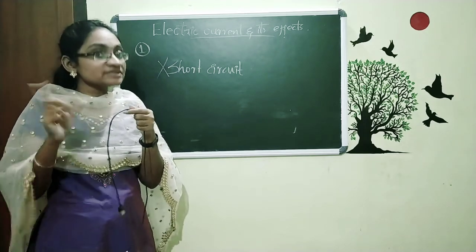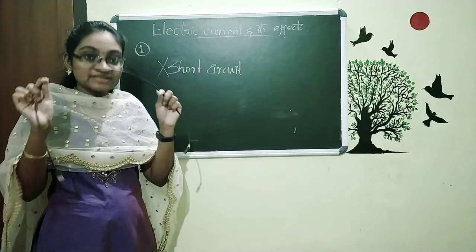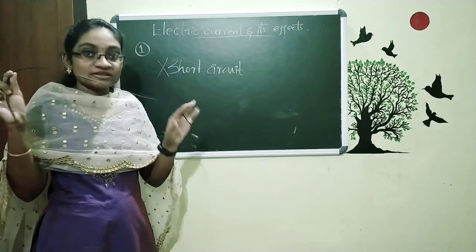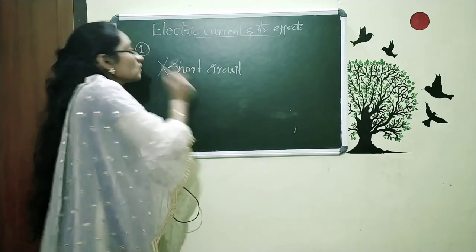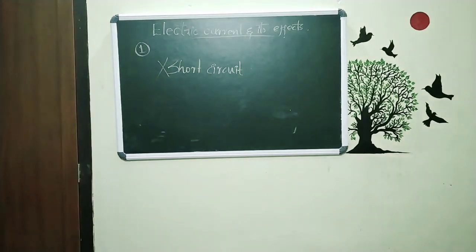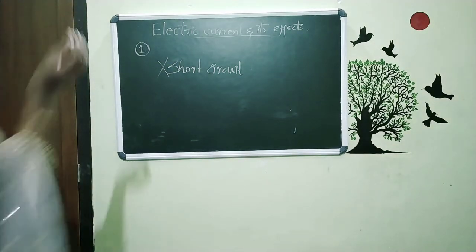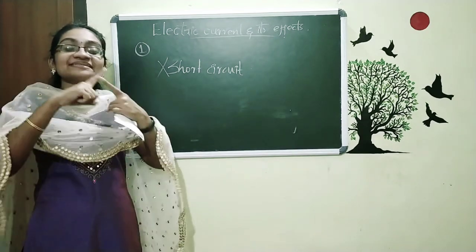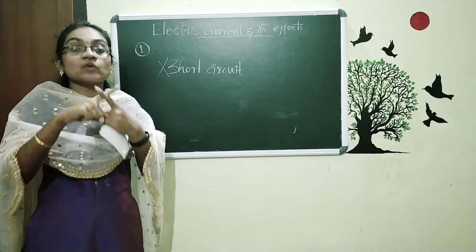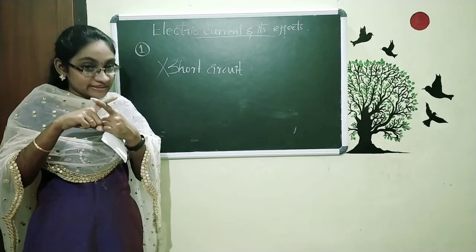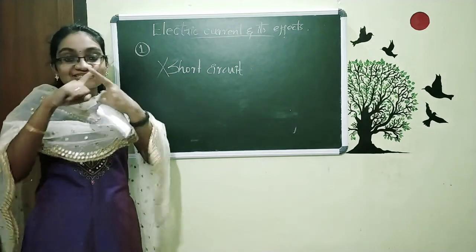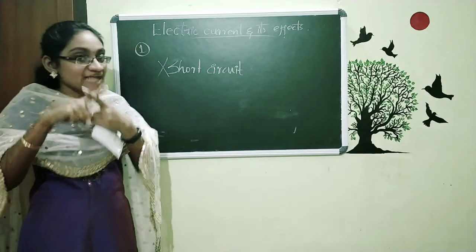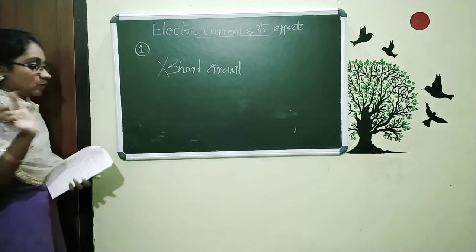So, for reducing all these things, we give such a coating on these wires. And so, we are reducing the higher amount of electricity that we are talking about. That means when these wires get touched, there occurs a higher amount of electric flow.